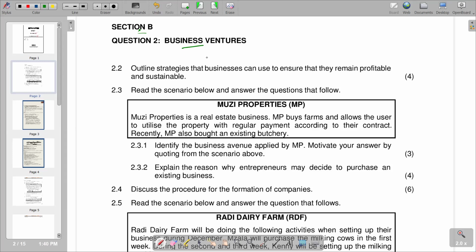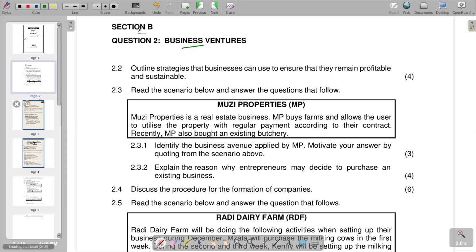Also effective management of scarce resources, and making sure that we maintain the attraction and retention of our customers, because our customers are where we are going to get our revenue. Those are typical strategies that we can include on 2.2.